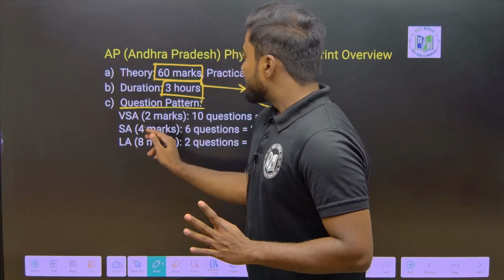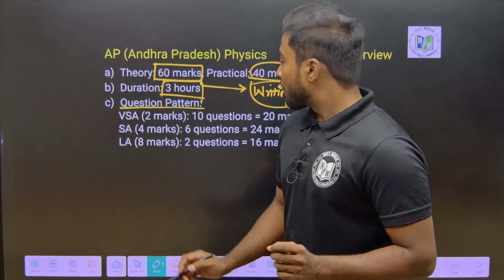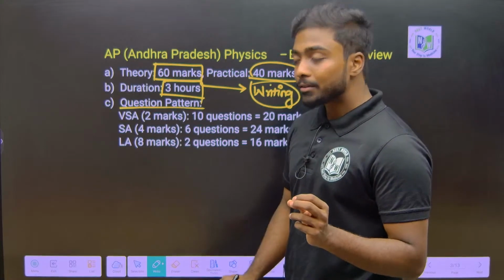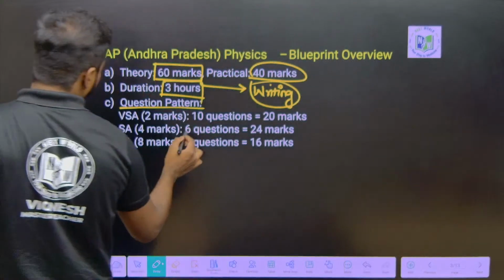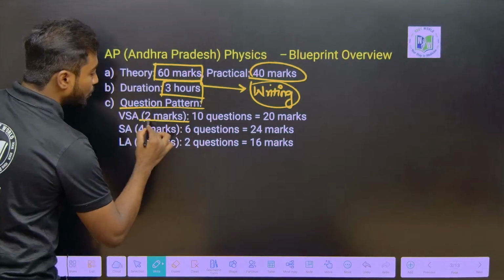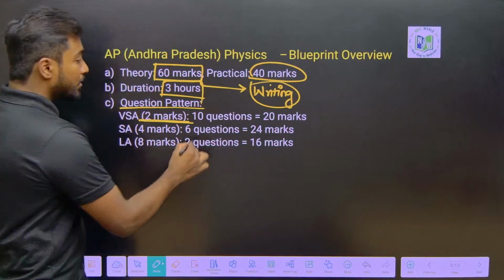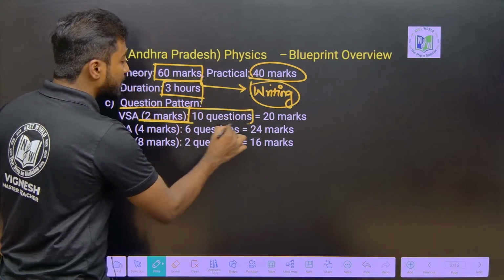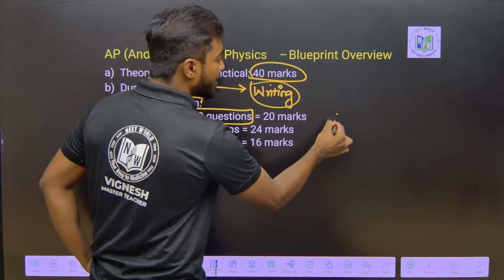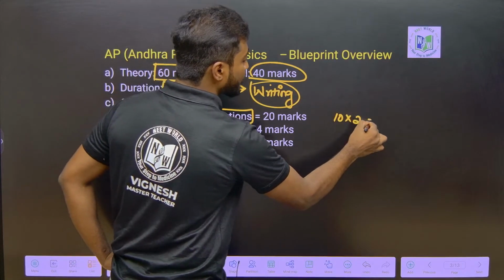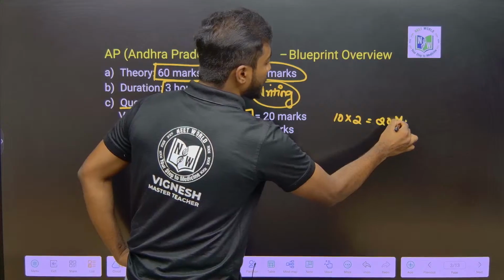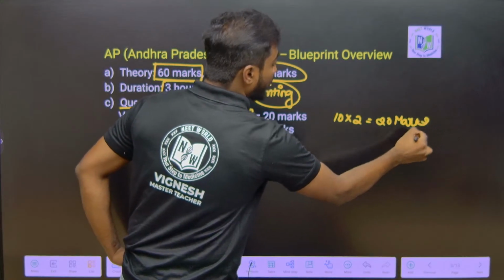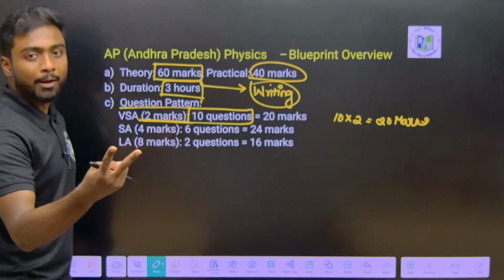First is VSA, very short answer, which is 2 marks. They are going to ask 10 questions, 10 into 2, which is 20 marks. So you have 20 marks from 2 mark questions.